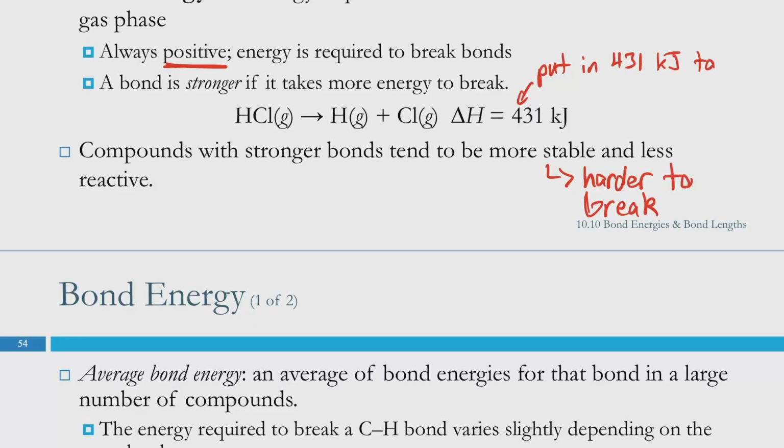So we have to put in 431 kilojoules to break 1 mole of HCl.